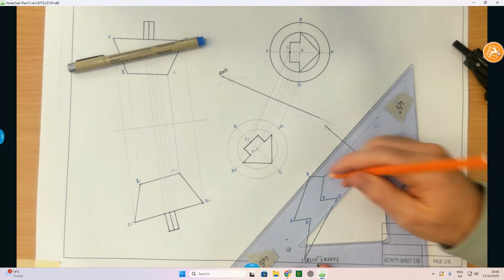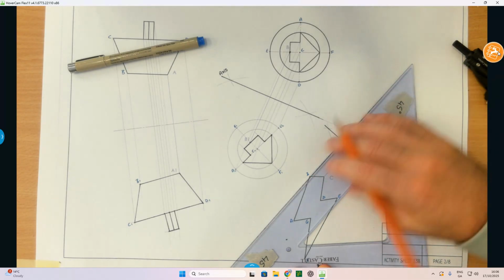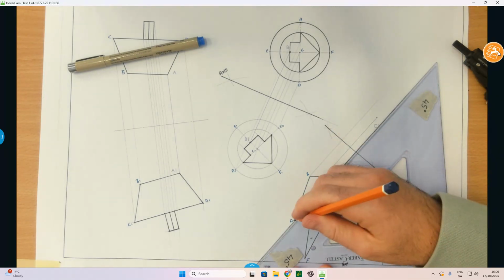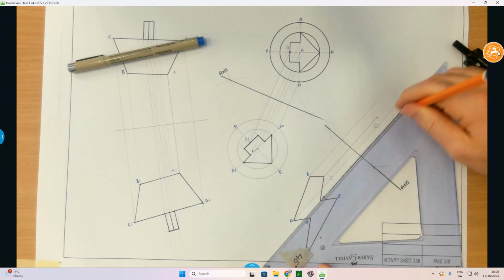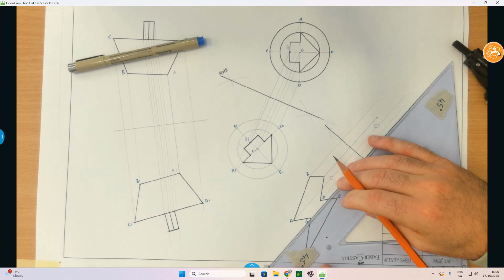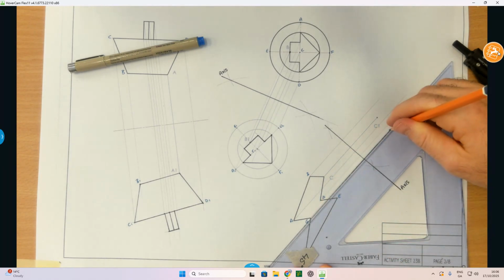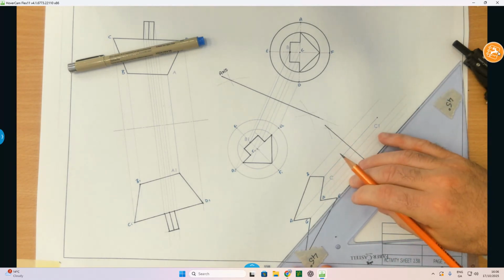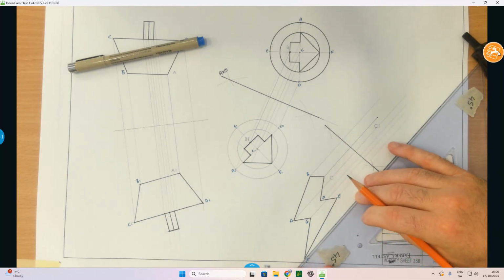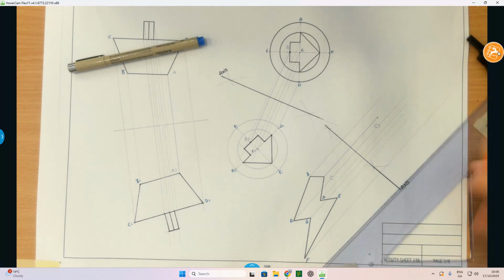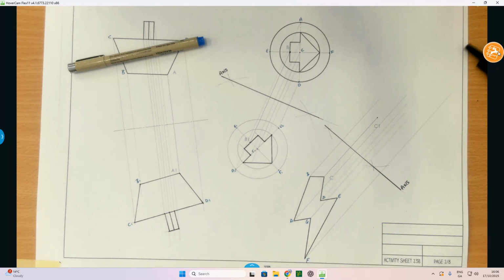There's B. Let's find A. Let's project out D, G, E, and F. And you can see there, all I've done is projected them out.